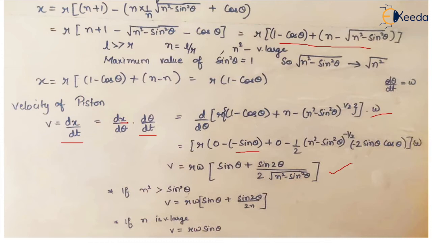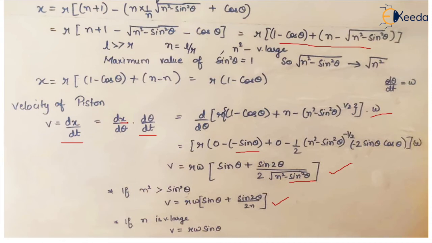of piston. Now if n square is greater than sine square theta, that means if n is large, see, the maximum value of sine square theta can be 1. So if n square is large, you can just simply neglect the value of sine square theta. So the equation becomes this, where the denominator is only 2n and we do not take the factor of sine square theta.